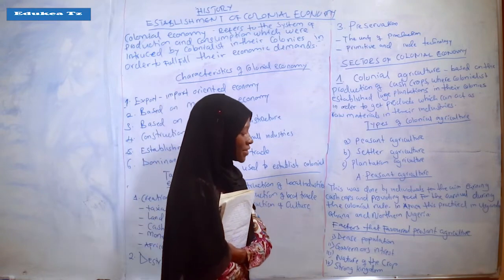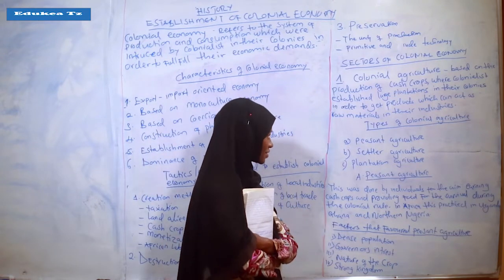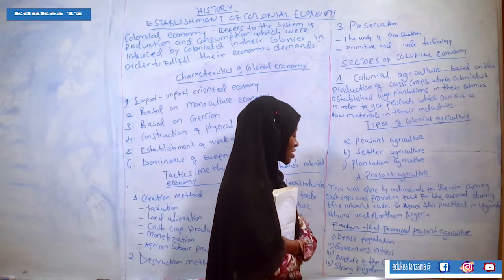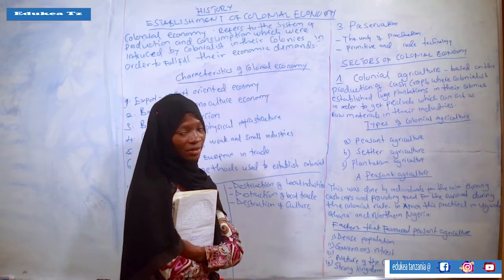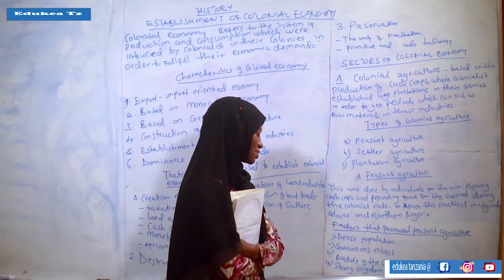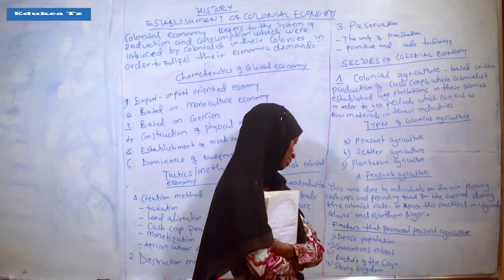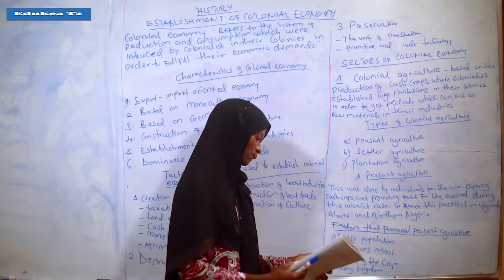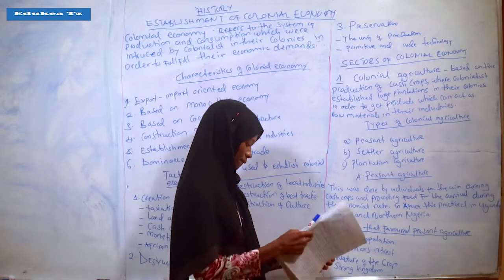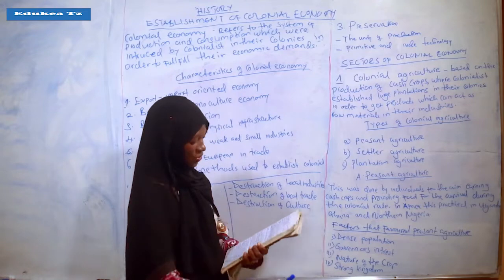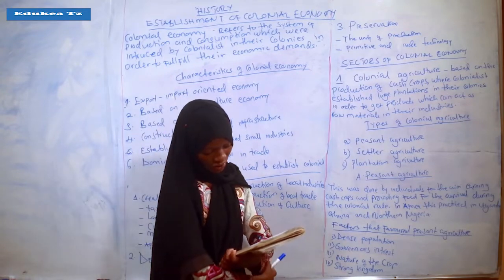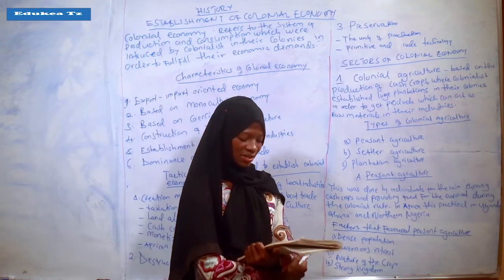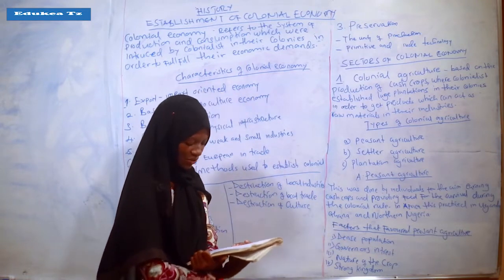Factors that favored peasant agriculture. What made colonialists establish peasant agriculture and not another type of agriculture? First is dense population. Due to the high population of certain areas, it was difficult for colonialists to alienate land.